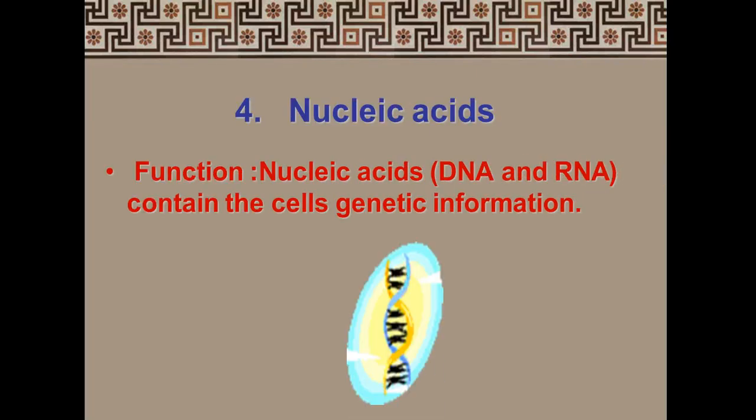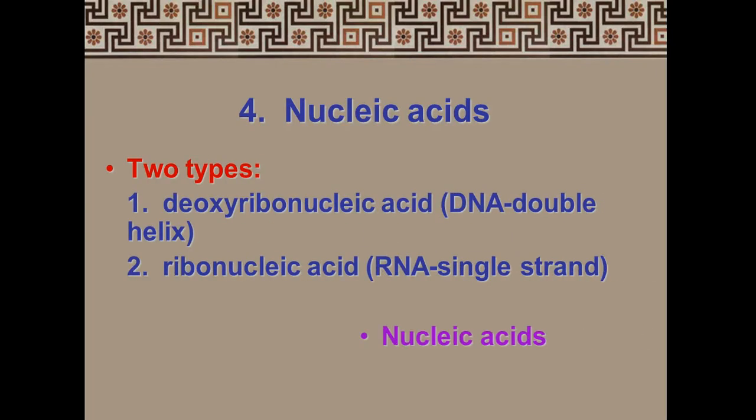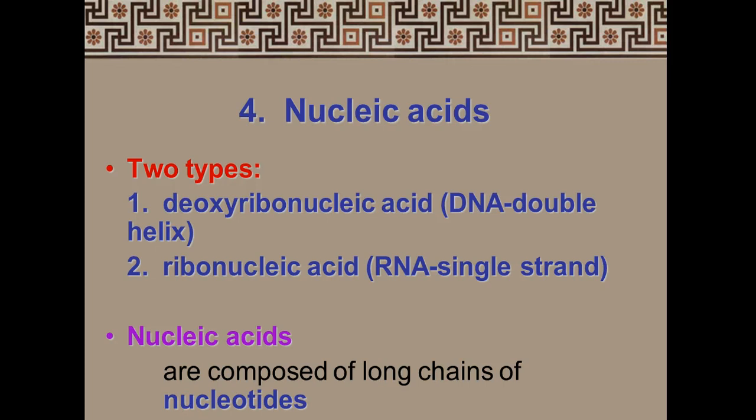And our last macromolecule, nucleic acids. The function of a nucleic acid is, and nucleic acids are DNA and RNA, they contain the cell's genetic information, or they store and transmit genetic information. Nucleic acids, and that's probably maybe a new word for you. But we have two types.